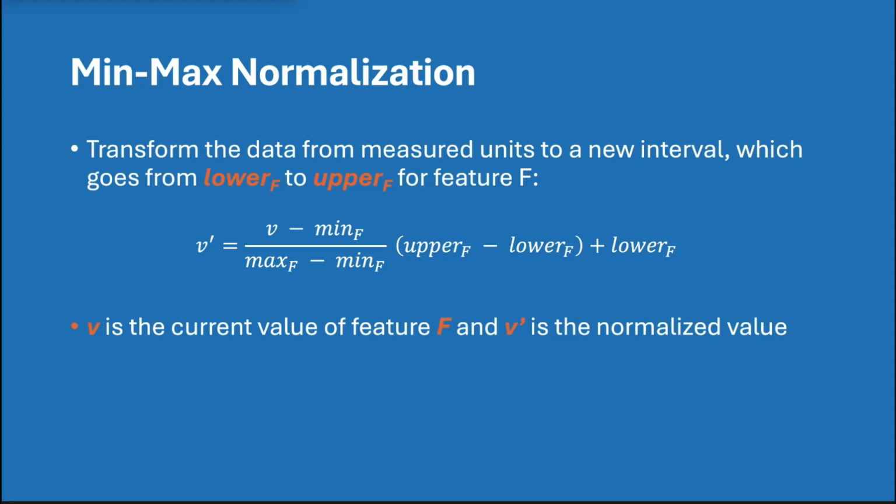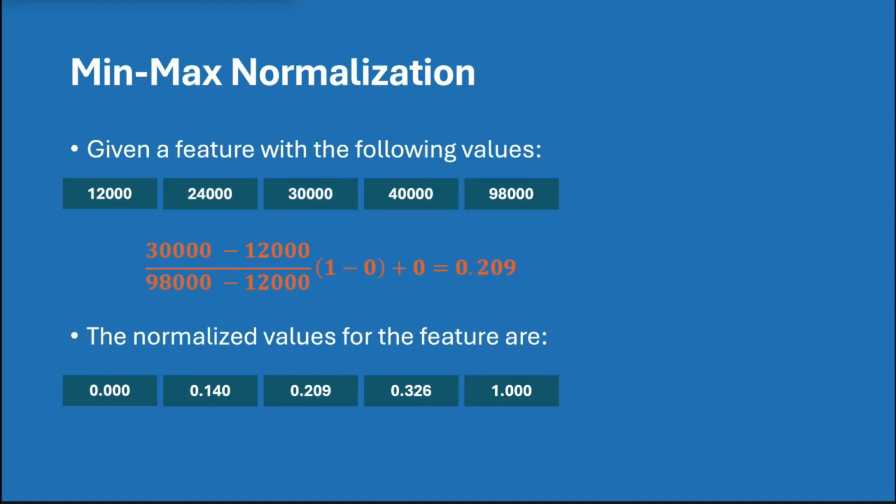Mathematically, this transformation is represented as shown here, where v prime is a normalized value, v is the original value, min f is the minimal value of the feature, max f is the maximum value of the feature, upper f is a user-defined upper bound, and lower f is a user-defined lower bound. To illustrate how min-max normalization works, let's consider the same set of 5 values.